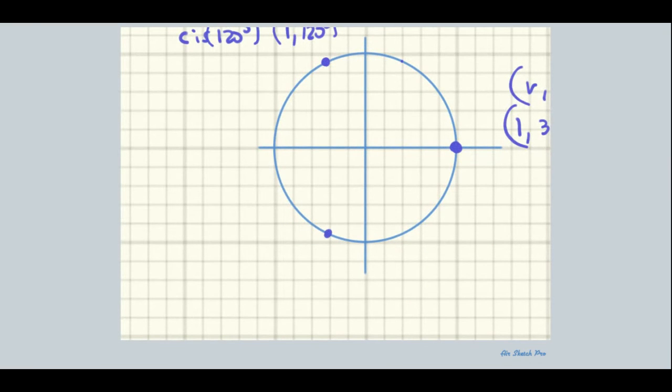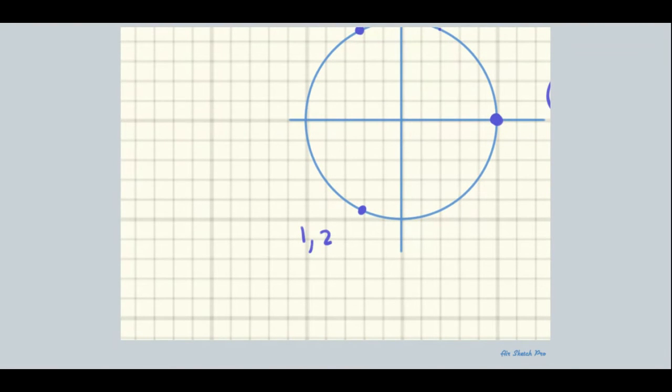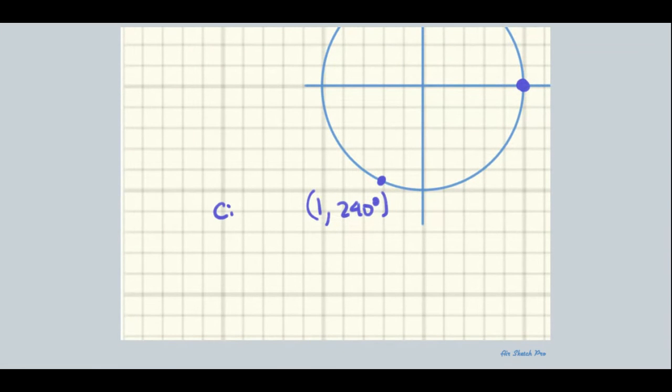And there's another root down here too, at 1, 240, which is cis 240. Okay?